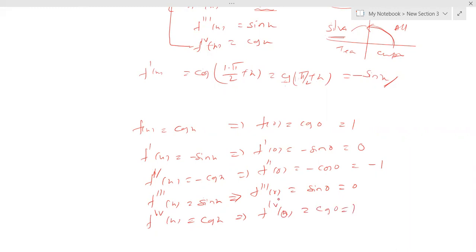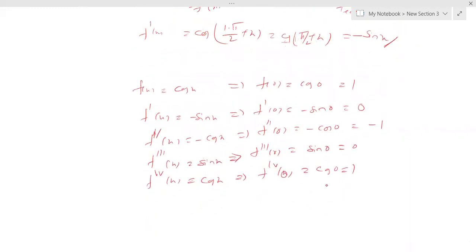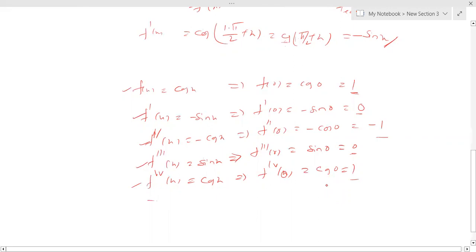Cos 0 equals 1. The values alternate plus or minus, and the odd derivative value is 0. First derivative, third derivative values are zeros. And the even derivatives: zeroth derivative 1, second derivative minus 1, fourth derivative plus 1, sixth derivative minus 1, alternately plus or minus 1, and so on.